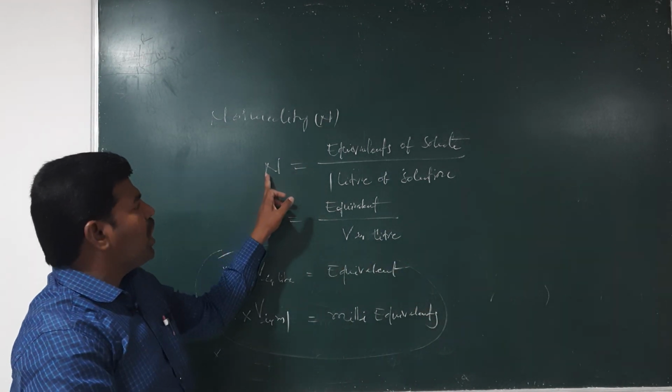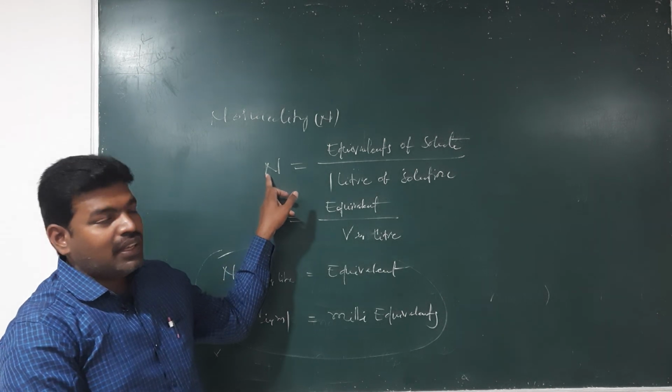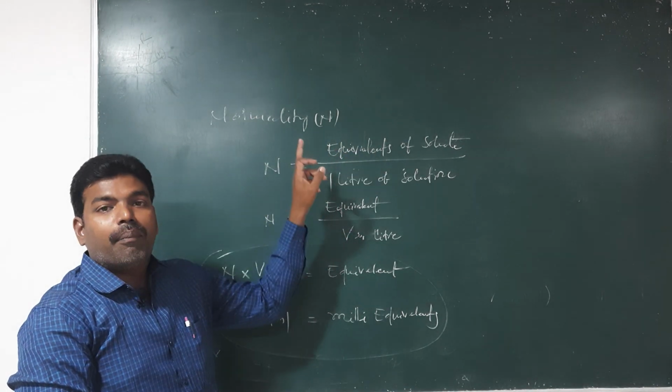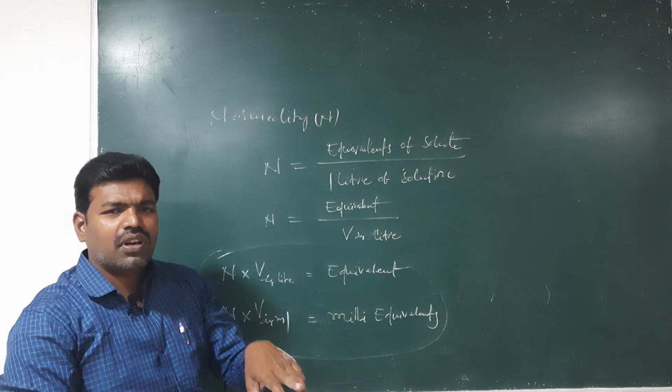So normality is the number of equivalents of solute present in 1 liter of solution.